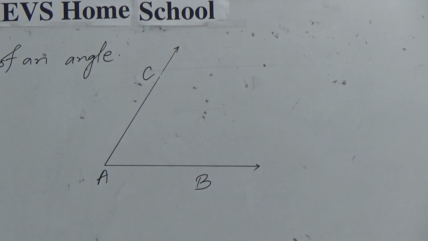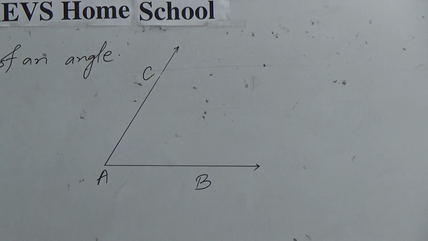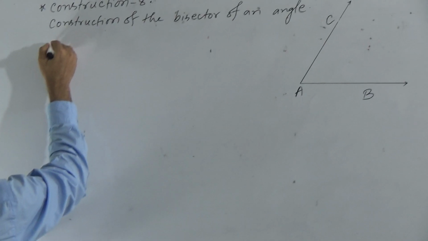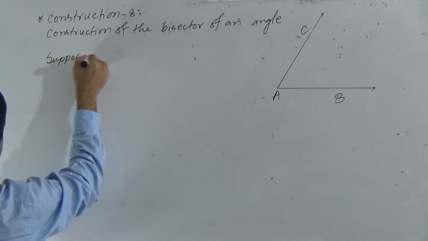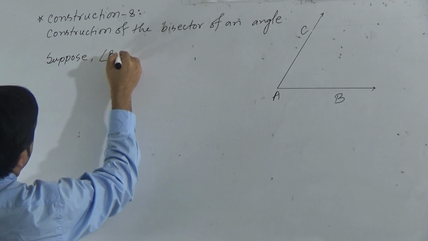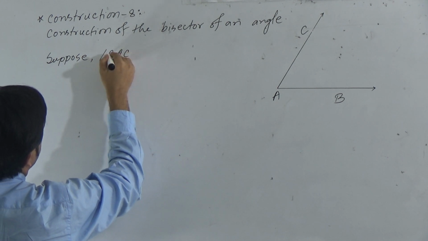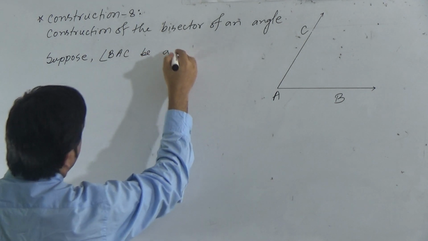We need to construct the bisector of the given angle BAC. So at first we can write the given information. Suppose BAC be a given angle.